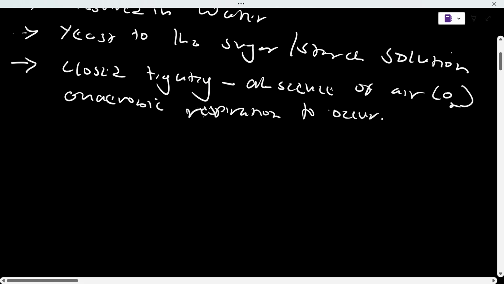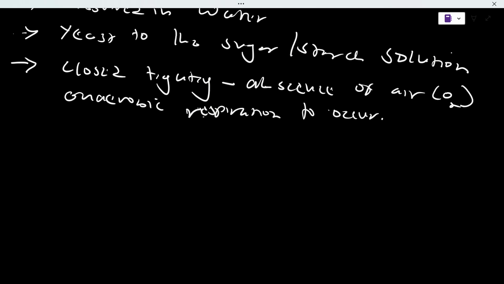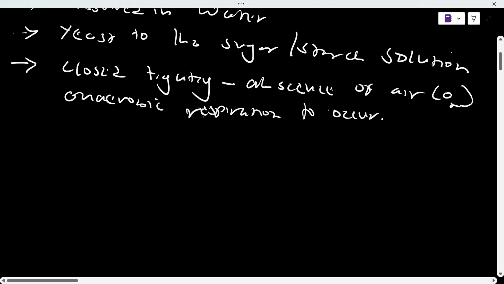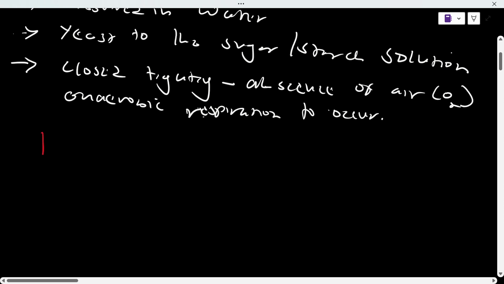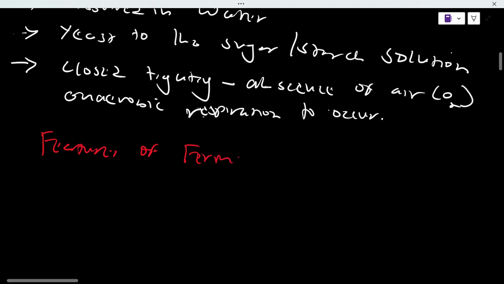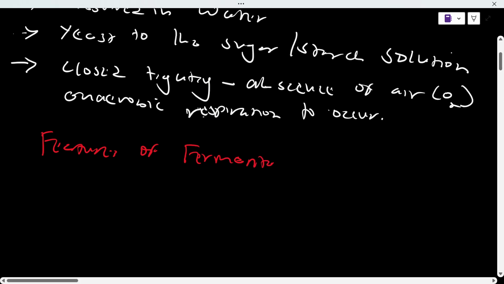So there are key features of this reaction that we need to know, features of fermentation as a way to prepare ethanol.